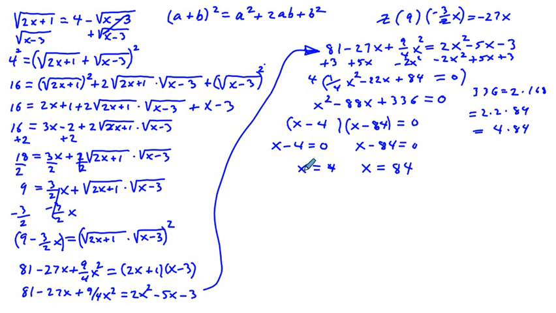The only thing left to do is to try our solutions out on the original equation to see if they are real solutions. So if we plug in 4 to our original equation up here in the upper left, we have 2 times 4, which is 8, plus 1 is 9, and square root of 9 is 3.